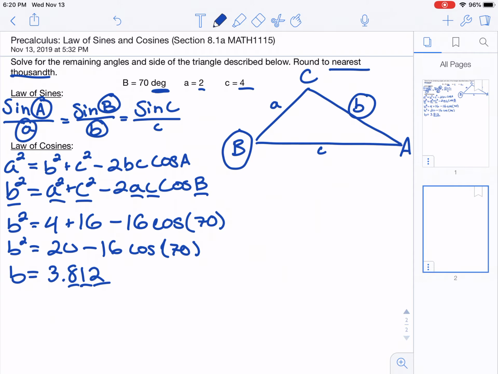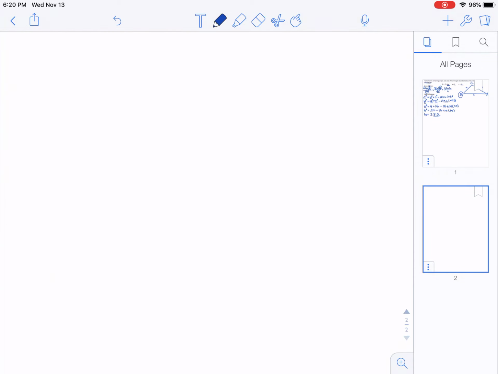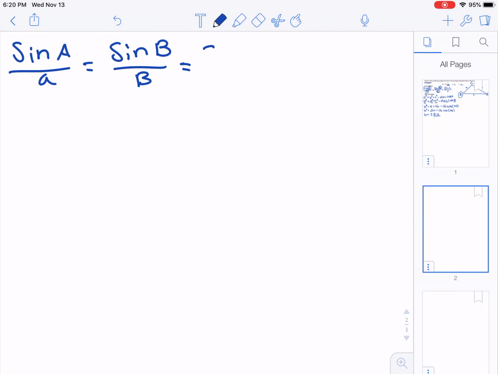So I'm going to move to a new page. I'm going to copy down that law of sines, which was sine A over a equals sine B over b equals sine C over c. All right, so since we have the set of B values, I'm going to set it up with that up front.